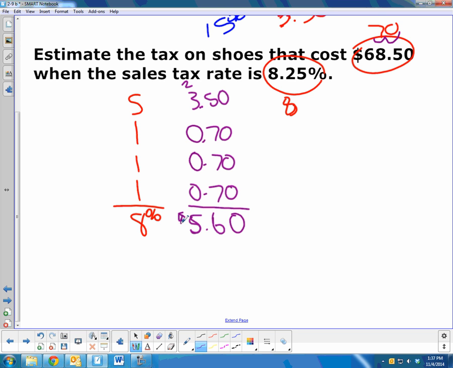Now again, had you actually figured out the exact cost of the tax on the $68.50 shoes with an 8.25% sales tax, $5.65 would be the exact. But my estimate was pretty darn close, especially considering that I did that without doing any calculator work. I just moved some decimals around and divided.